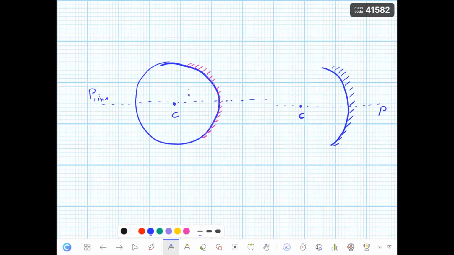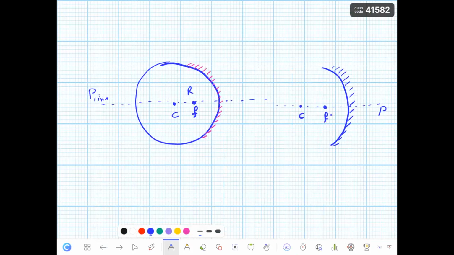From this point to this point, we call this the radius. Half of the radius is going to be the focal point. If you have the center of curvature, which gives you the radius, half of this distance is going to be the focal point. Good? So how is the concave mirror created? The concave mirror is created from the sphere. If we have the inward side of the sphere as a mirror, we will call it a concave mirror. The concave mirror has a center of curvature, a principal line, and a focal point.